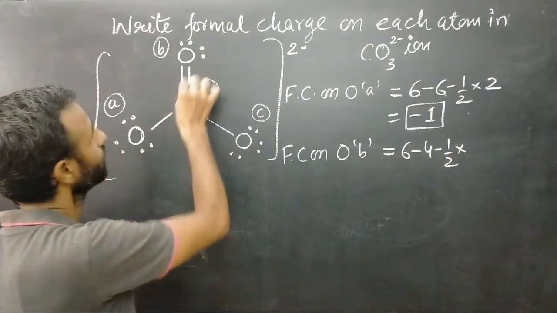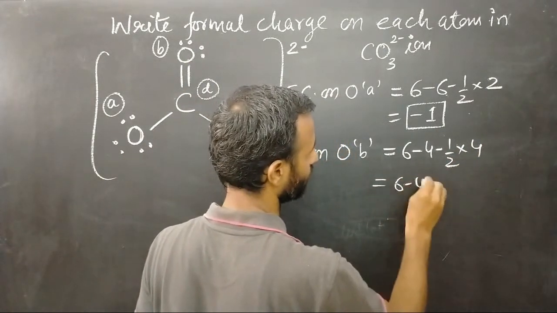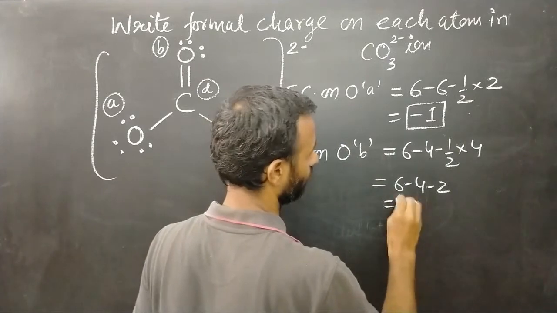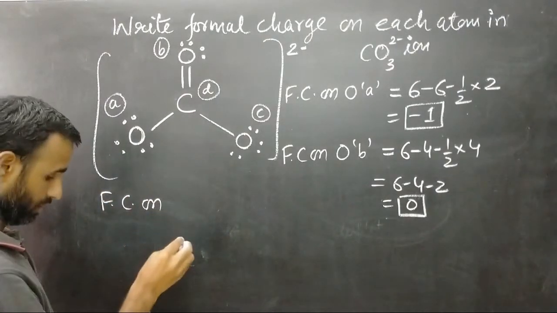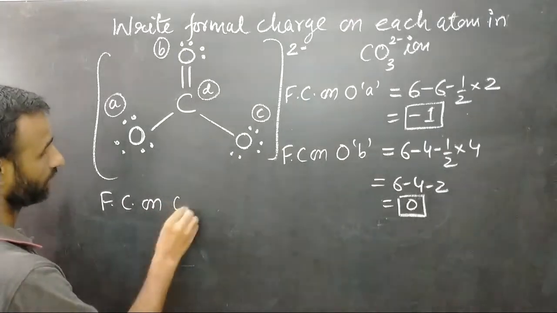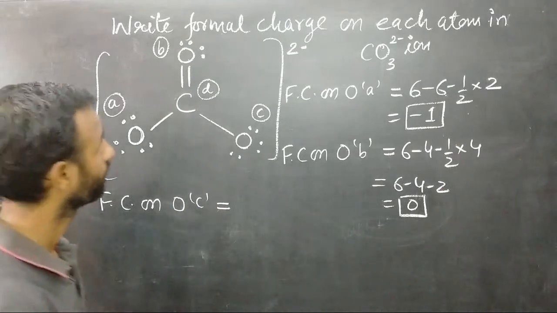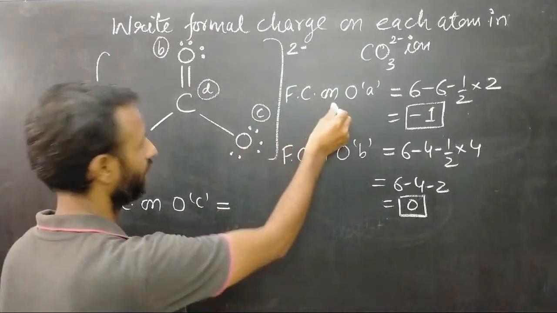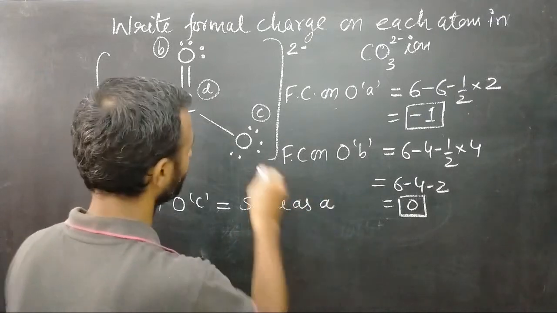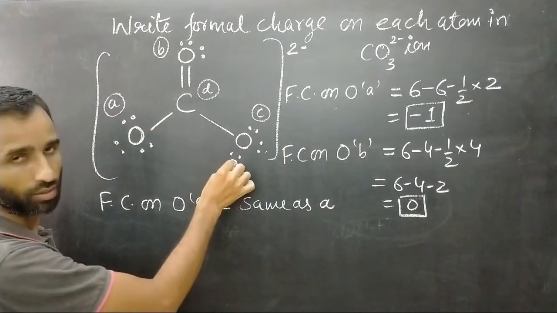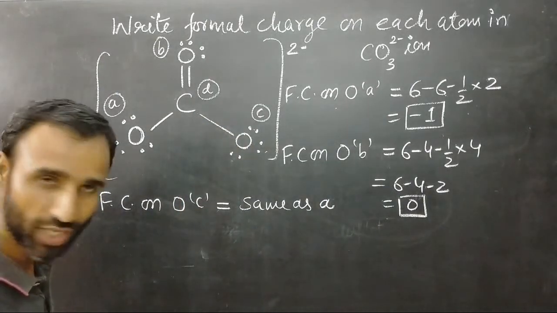Shared electrons are again 4, so 6 minus 4 minus 2 gives 0. And the formal charge on oxygen C is the same as A, because it has the same number of unshared pairs, the same number of bond pairs, and the same number of valence electrons.